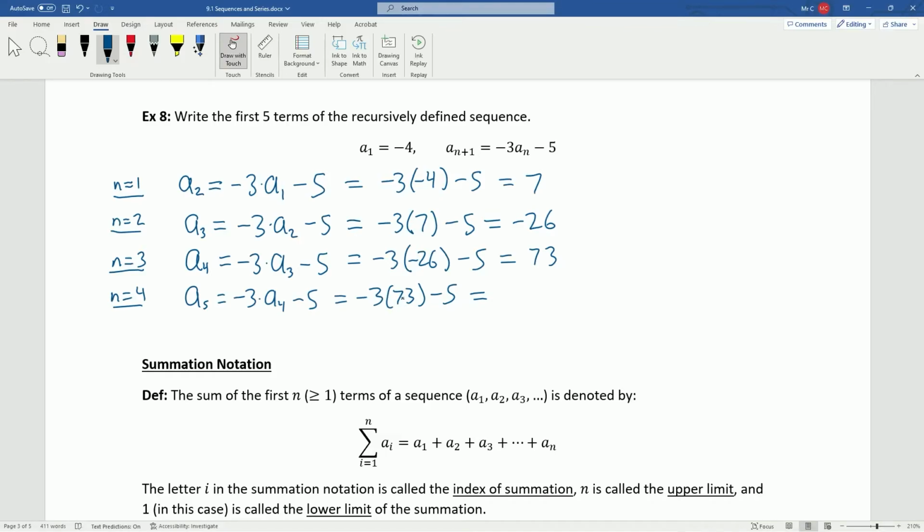Well, 3 times 70 is 210. 3 times 3 is 9, so that's 219, but negative, minus another 5. So negative 219 minus 5 is negative 224. Hopefully I didn't make any silly mistakes there. All right, now n equals 5 gives me a6. Oh, wait, I don't need n equals 5 because I already have a1. And now I've got the other 4 terms, so I've got 5 terms. We'll stop there.